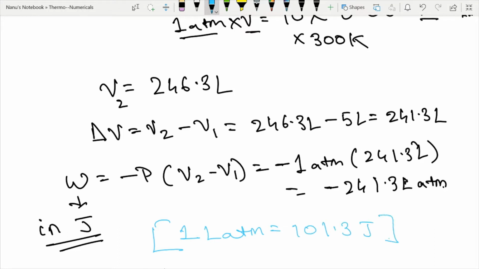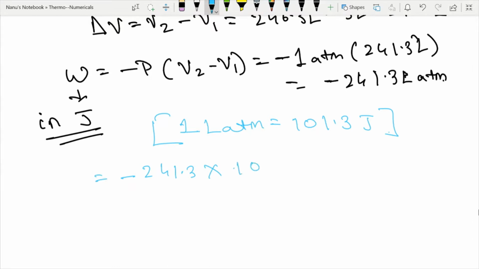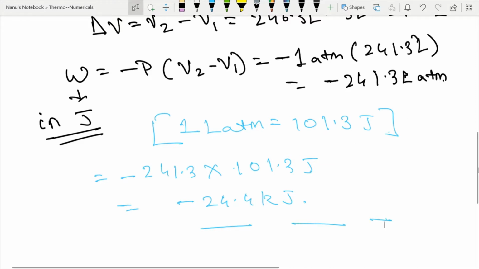So if I have to convert this to joules, minus 241.3 into 101.3 joules, and that will be, in kilojoules, around minus 24.4 kilojoules, right?